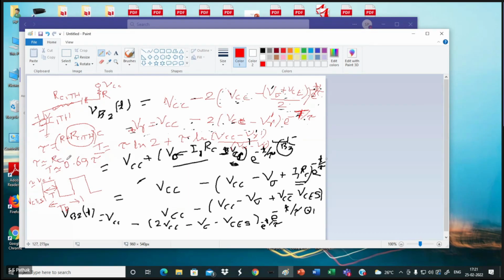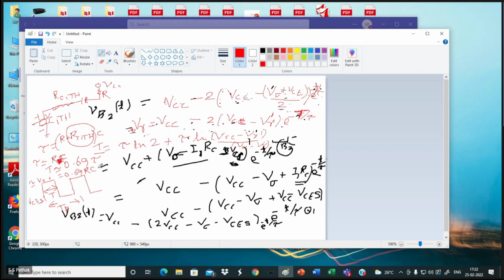Because of the way you have chosen your RC and saturation etc., your RC1 Thevenin's equivalent is very small compared to R. So R plus RTH is approximately equal to R. So tau becomes equal to R into C. So T becomes equal to 0.69 RC.